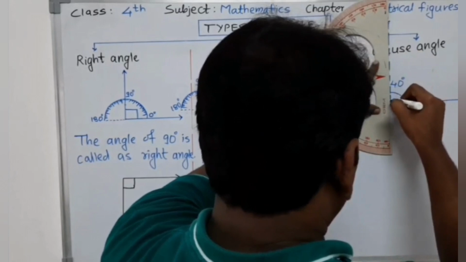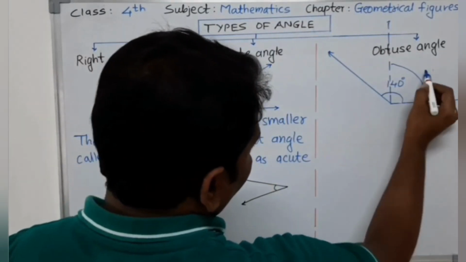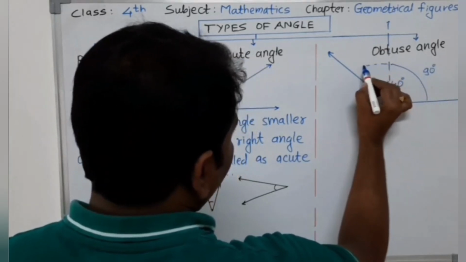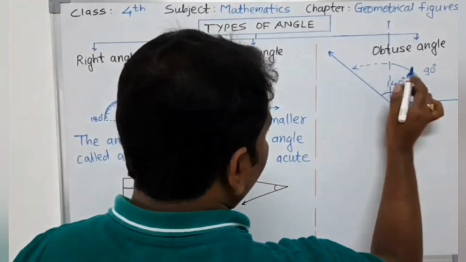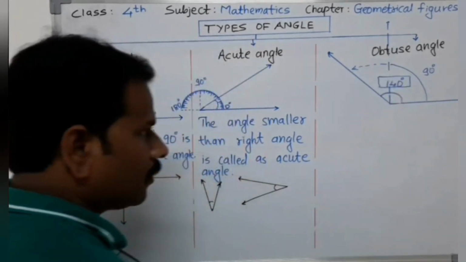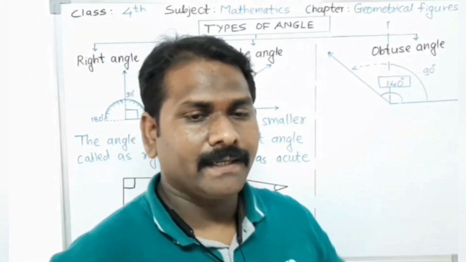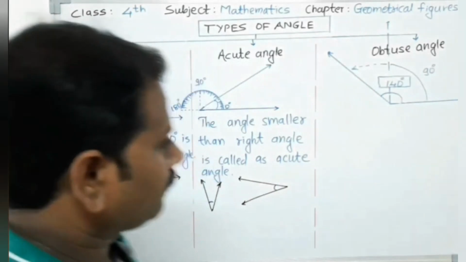You are able to see here it is the measurement 90 degree. And this angle is larger than 90 degree, which measures completely 140 degree, and we know that 140 is greater than 90 degree.